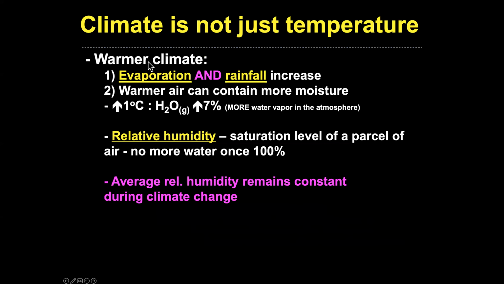So here's an example. In a warmer climate, evaporation and rainfall increase. In a warmer climate, air can contain more moisture within it, meaning the N2s and the O2s, the nitrogen and the oxygen that make up what you breathe, are more spread apart because the air is warmer, so it expands, so it can contain basically more water vapor inside of it. So as a result, while the relative humidity may remain constant, you can put more water into the atmosphere, and that can translate into rainfall, bottom line.